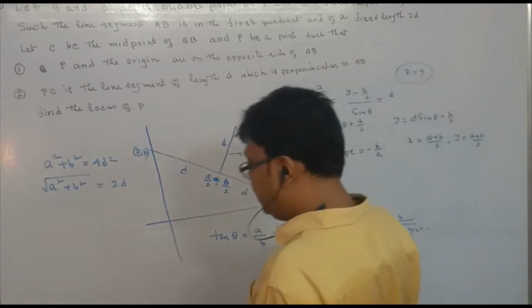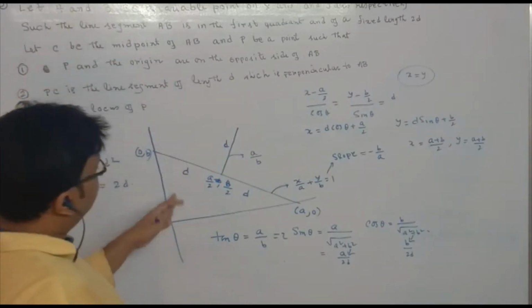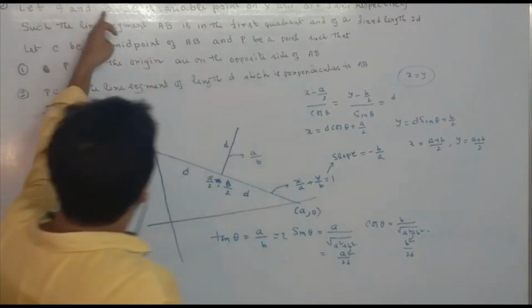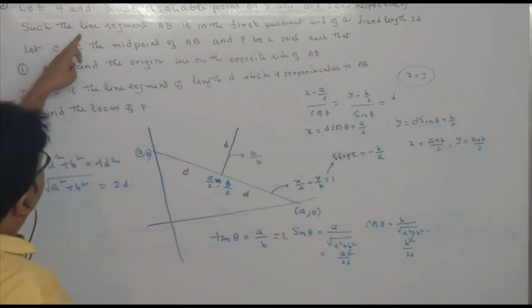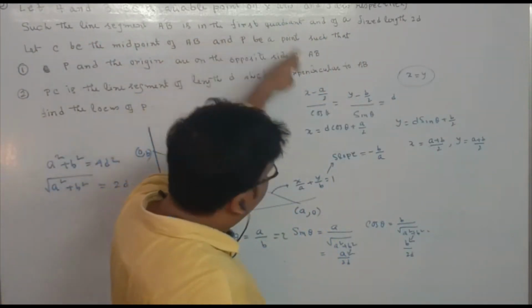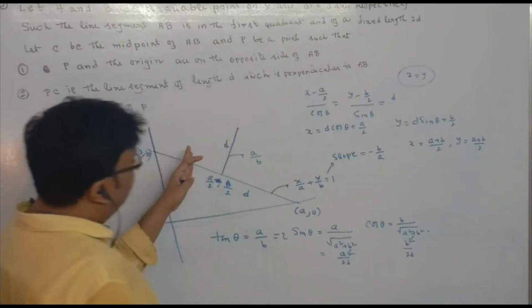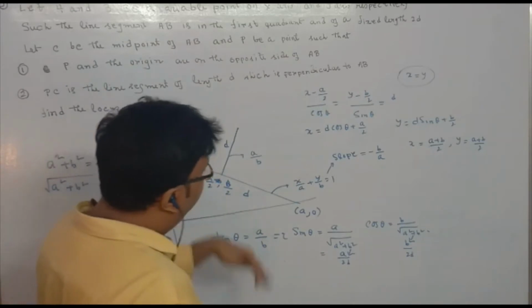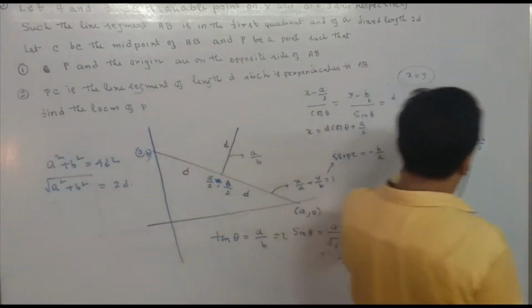Now x equals y is a complete straight line, but here in this question it is given that A and B are variable points on x-axis and y-axis respectively, such that the line segment AB is in the first quadrant. So the rod lies in the first quadrant only, and definitely I have to find the range of the locus.